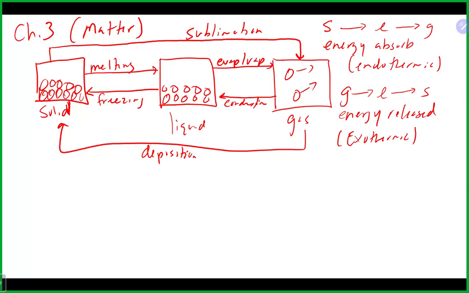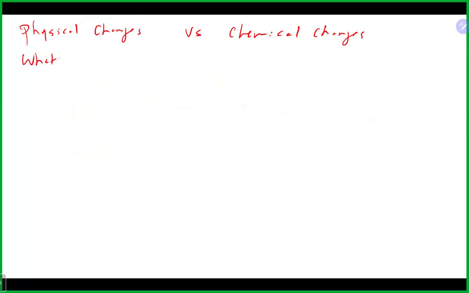In this chapter, we also talked about different types of properties, physical properties and chemical properties, and physical changes versus chemical changes. And remember, with a physical change, what you start with and what you end with is fundamentally the same thing.